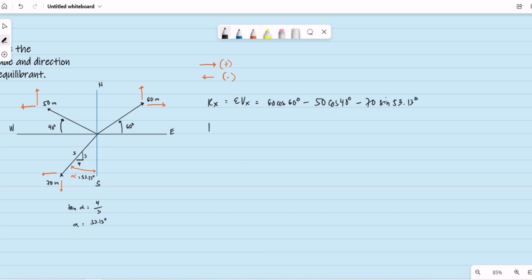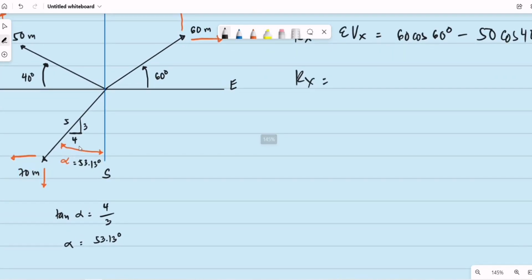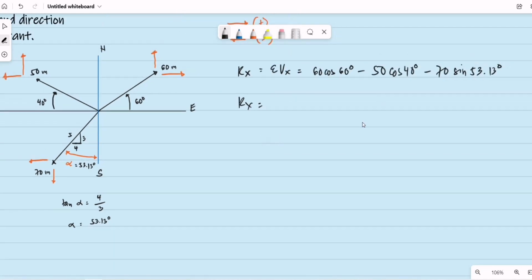So we'll be having the value of Rx is equal to, so again, the horizontal component of the 70 is the opposite of this angle alpha. So we are using sine.